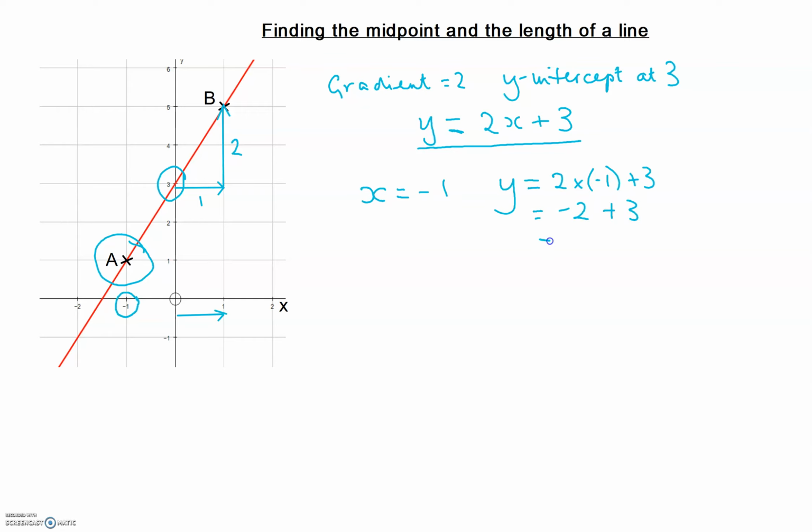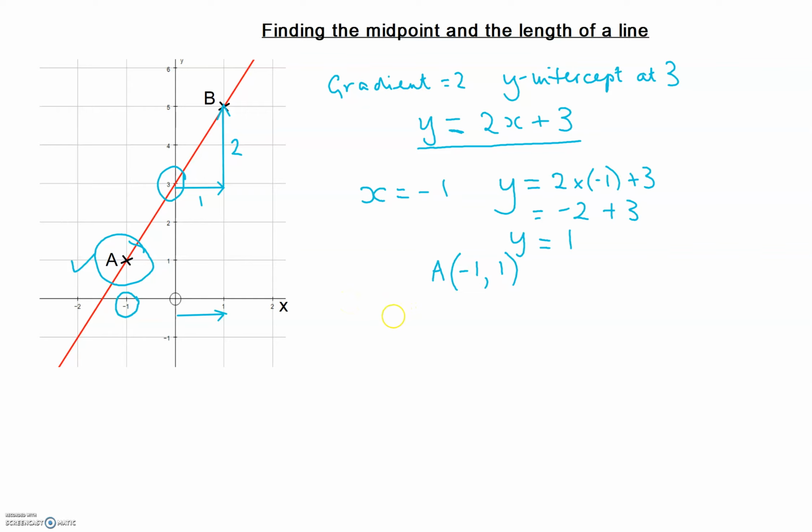Add on 3, and we get 1. And therefore, the coordinates of the point at A are -1, which was our x-coordinate, and our y-coordinate of 1. And you can see that that is indeed the coordinates at A.